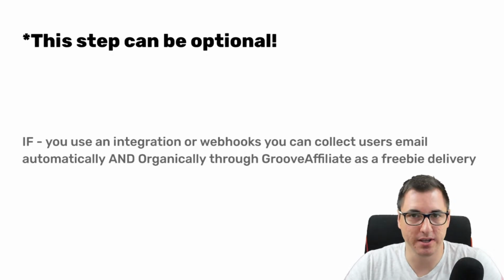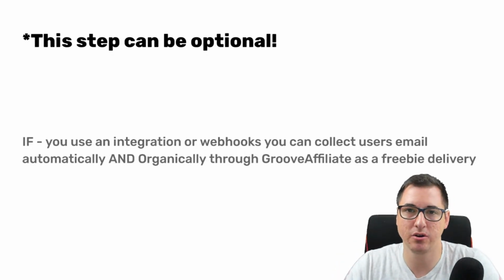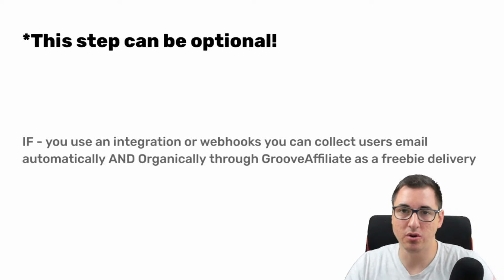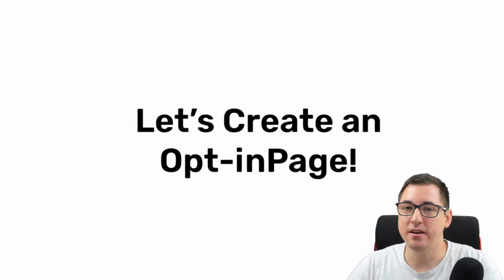But it's an option. If you already did the Groove Affiliate step, which I showed in session number 3, how to connect your freebies and bonuses to Groove Affiliate, then you should be all set with that. But anyway, let's go and create an opt-in page.